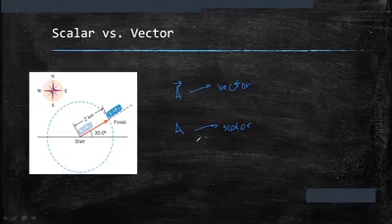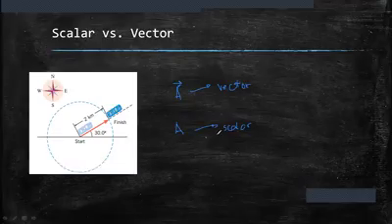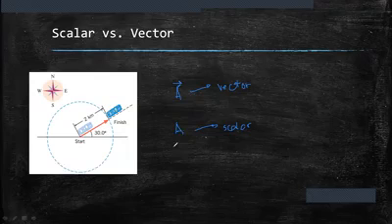Also, we can represent the magnitude of a vector by using a bar. Putting the vector quantity in a bar means you are looking at the magnitude.